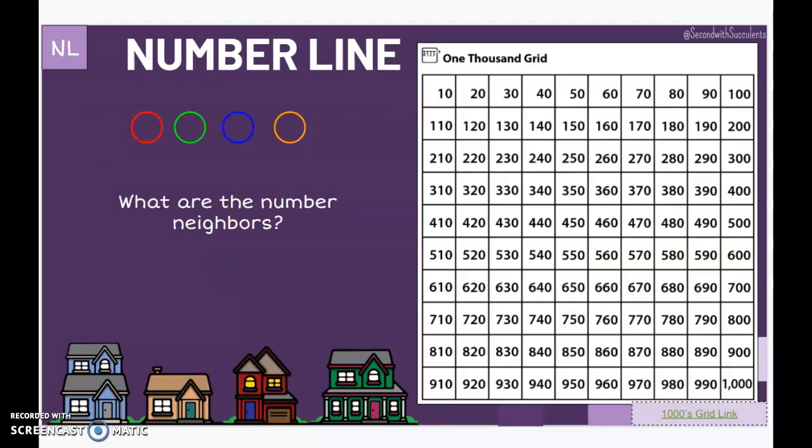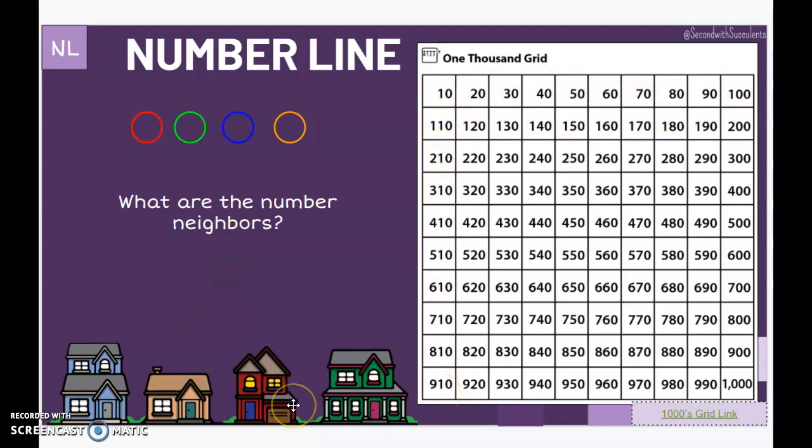Can you find our number 345 on the thousands grid? Thumbs up or thumbs down? Well, I should see a thumbs down. There is no 345 on our numbers grid, is there? No. All of our numbers on the 1000 grid count by 10 going across the rows or 100 going down the columns.